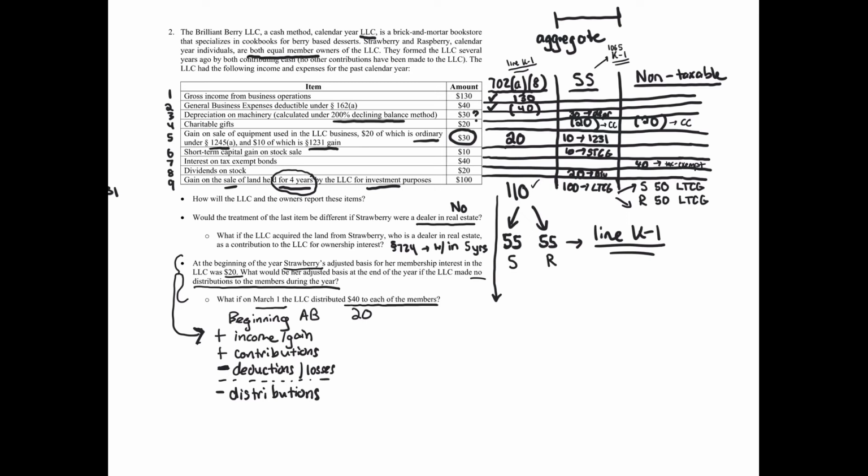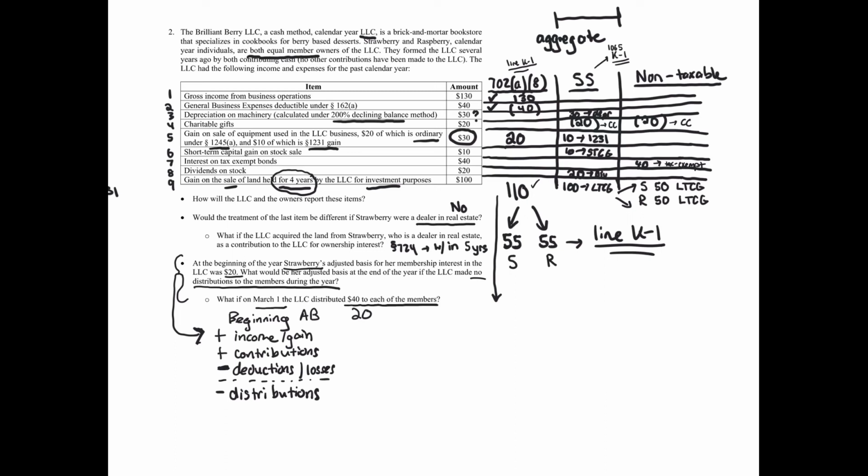Basis does not discriminate. So on the screen here, we've got ordinary items, long-term capital, short-term, 1245, 1231, all this stuff. All that matters for tax purposes is if something is an inflow, it's going to increase the basis to that partner or owner. If something is an outflow, it's going to decrease the basis to that partner.